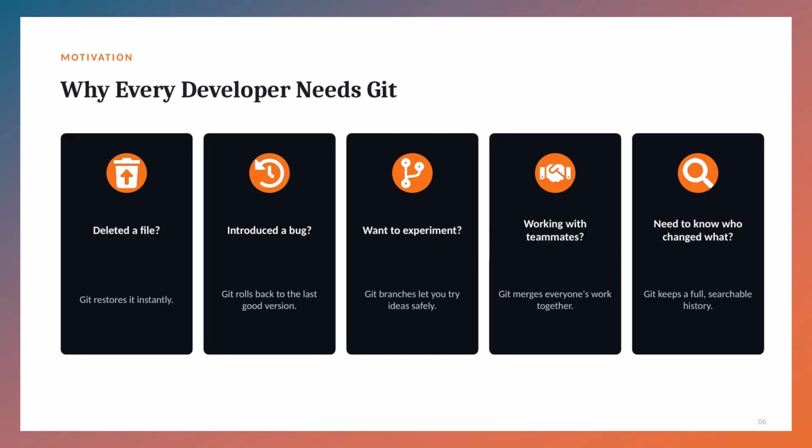So let's say you delete a file, just know that Git can easily restore it for you instantly. By mistake, you deleted a file, Git is more than capable to restore it for you if you use Git in your workflow. Let's say you're working on a project and you introduced a bug, your code stops working, or maybe you made a particular mistake and the project stops working.